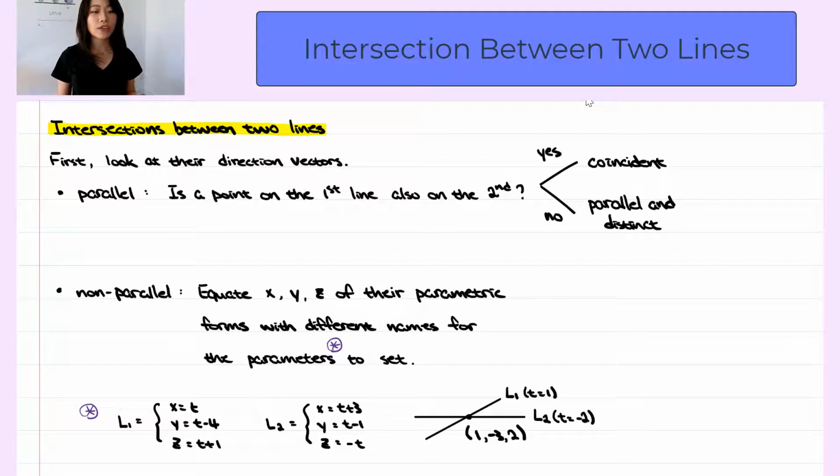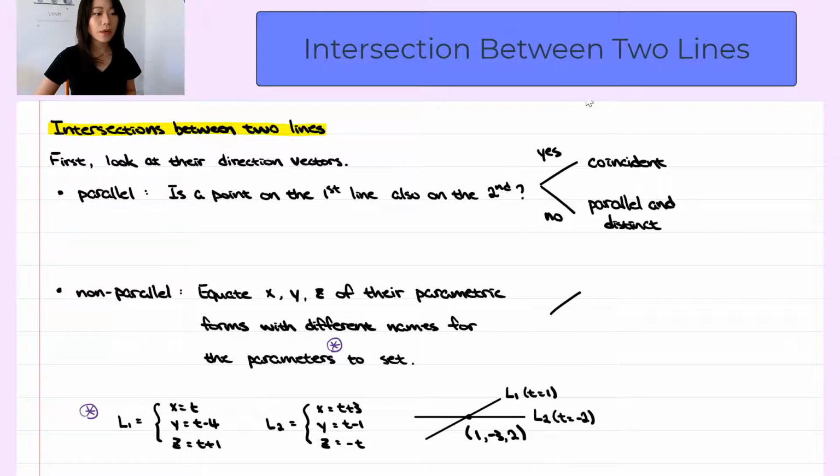What if the two lines are non-parallel? Then to find their intersection, we are going to equate the x, y, and z of their parametric form, but we are going to set one of the variables as another name. Then we'll have three equations with two unknowns, the two variables.